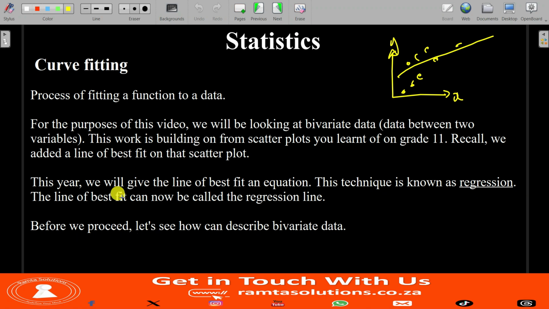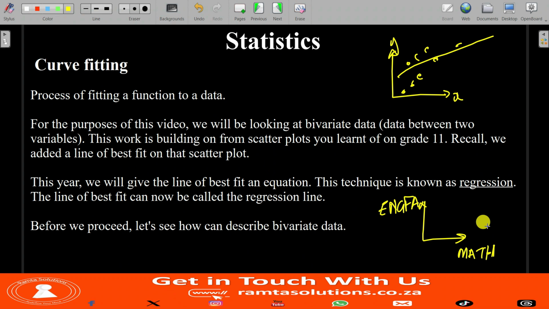You will find that one axis is marks in mathematics, and the other axis is marks in English. This is what we mean by bivariate data. Let's say you are doing English first additional language, and then you are doing pure mathematics, that's what you call it, right?